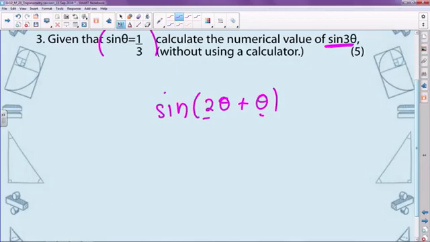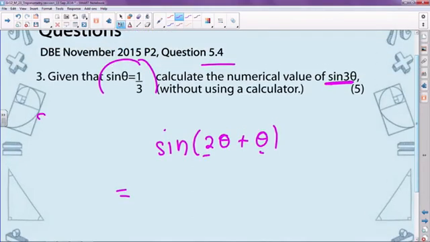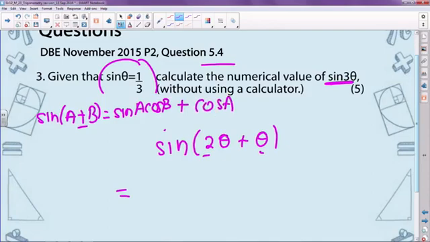Now the compound expansion for sine of a plus b, going back to our definition for sine of a compound angle, the expansion is sine a cos b. Your sign in the middle stays the same as the sign inside the bracket, plus cos a times sine b.